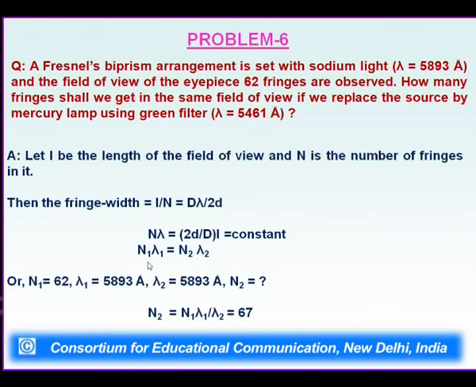Then the same formula we use: n1 lambda 1 is equal to n2 lambda 2. n1 the value is 62, lambda 1 is 5893 angstrom, and lambda 2 is 5461, and then calculate n2. The value is 67. It means 67 fringes we get in the same field of view if we replace the source by the mercury lamp.